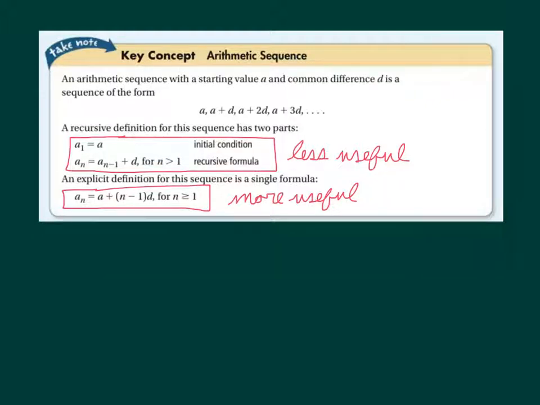Why do I say the recursive definition is less useful? Because if I want the 152nd term of the sequence, with the explicit formula, I can just plug that in for n and get my answer. Recursively, I would have to know every single term that comes before it. So that's why the recursive is a little less useful.